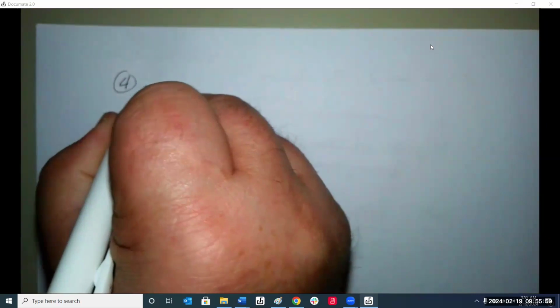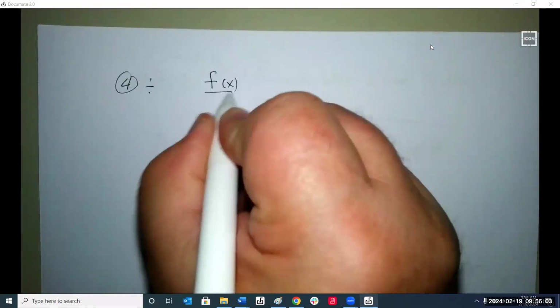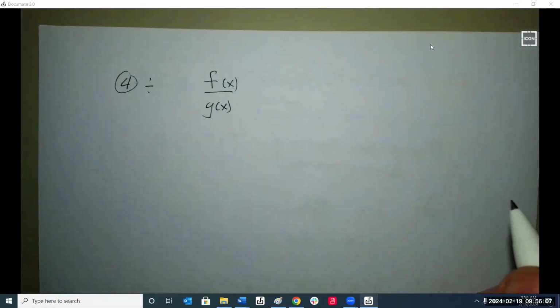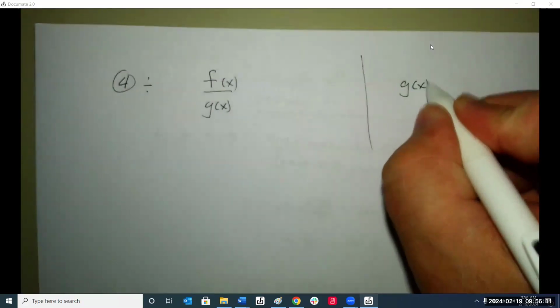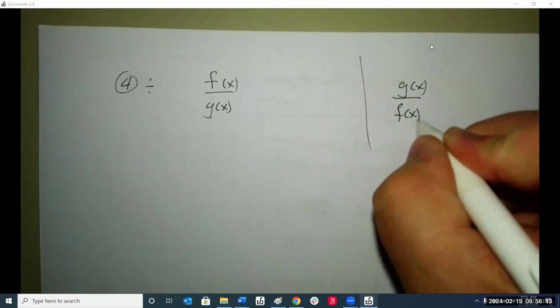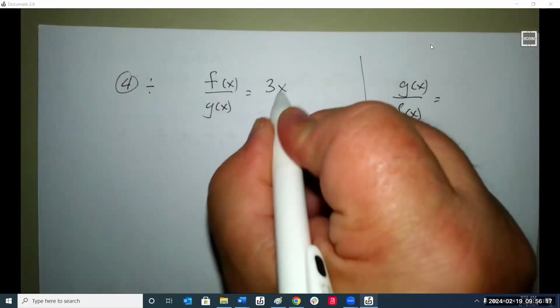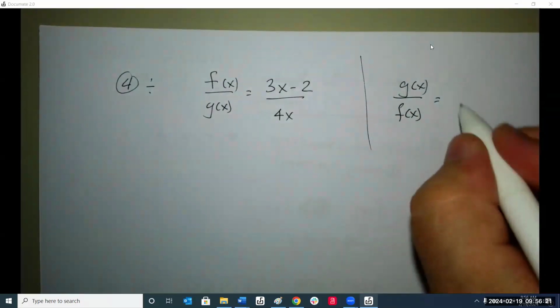Right? And then the last one is division. f of x over g of x. We're also going to look at g of x over f of x. So it's 3x minus 2 over 4x.